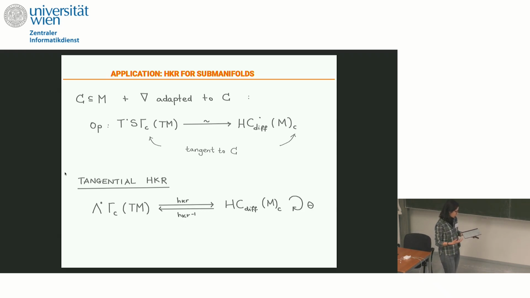You just have to ensure that you have symbol calculus. In the case of embedded submanifolds, you're sure that you have an adapted covariant derivative, so there is no problem.